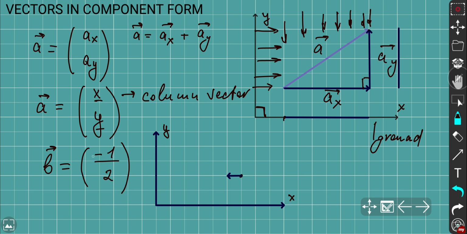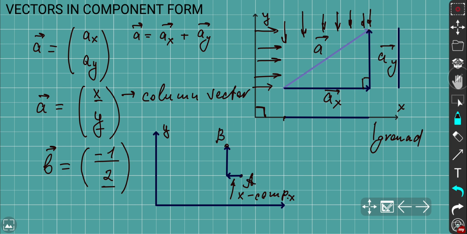That's what -1 as the x component means. And this becomes the x component for the vector b. Next, we use the head to tail rule again, and we step 2 units up. This is the y component, so it's positive, so we go up by 2 units from there. So we arrive at the final point, the destination point. We start from point A, and then we arrive at point B.